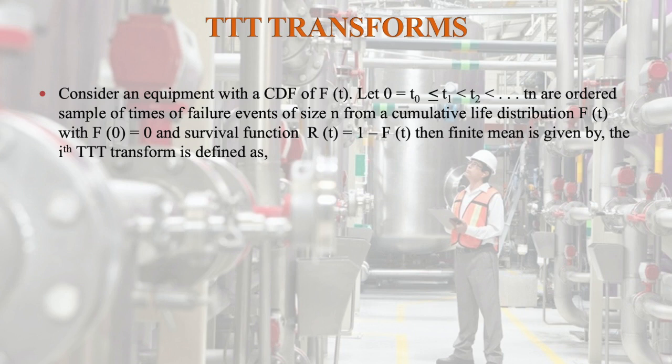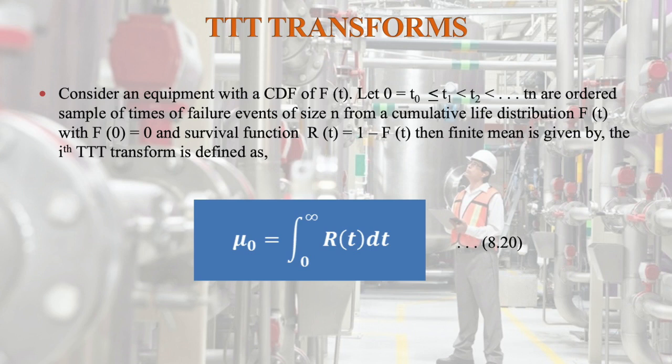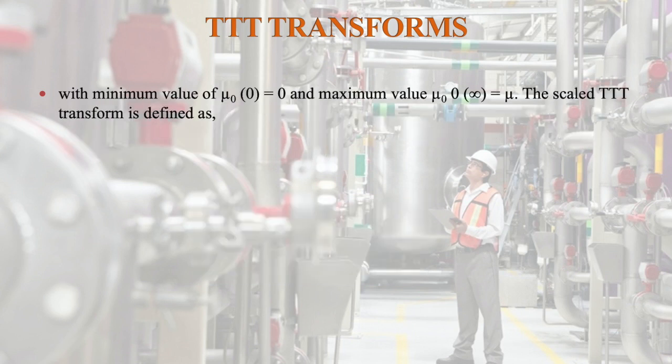Then the finite mean is given, and the ith TTT transform is defined as mu0 = integral 0 to infinity R(t) dt, with minimum value mu0(0) = 0 and maximum value mu0(infinity) = mu.